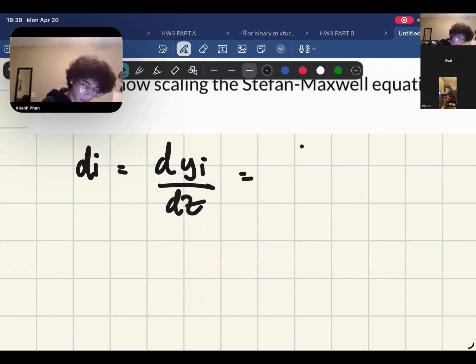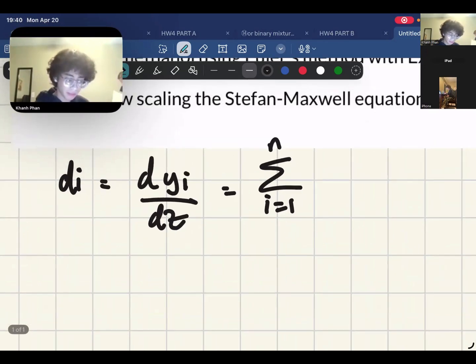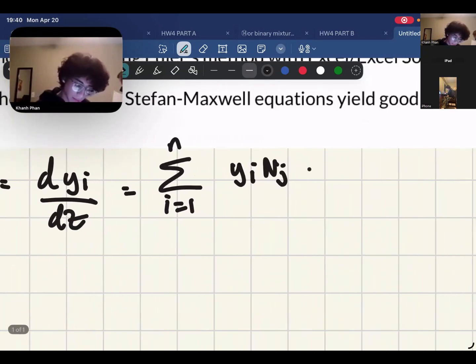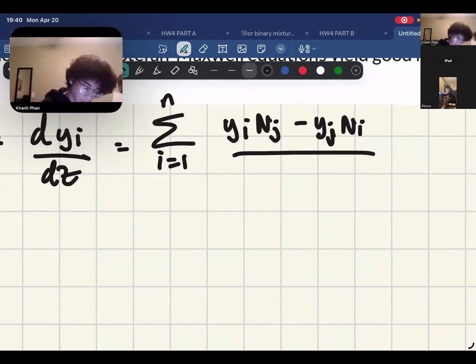That would be equal to the sum of j equal one to n, as in the total number of species, times yi times Nj minus yj times Ni, over c and then Dij.